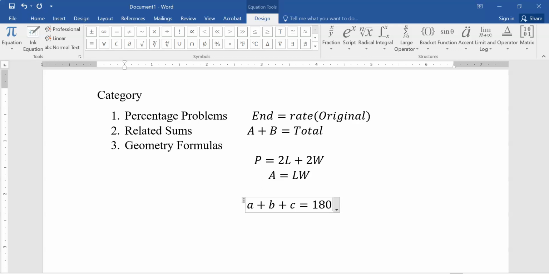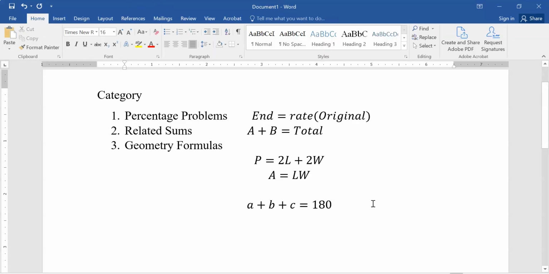So again, these are geometry formulas. You've probably seen these before at some point in your mathematics education, but these are the three that we're going to focus on in this class.